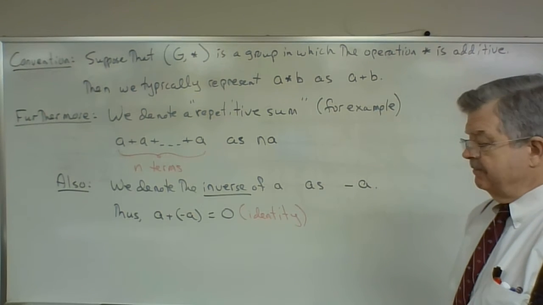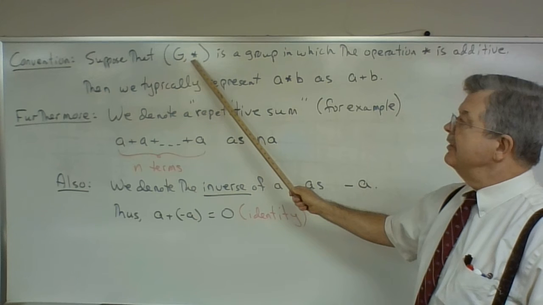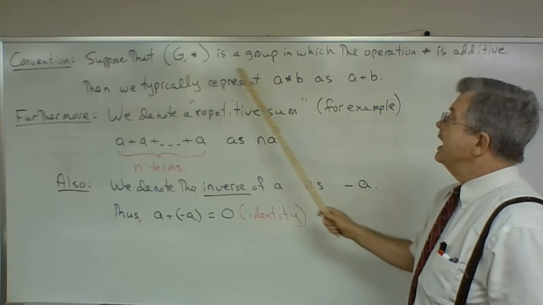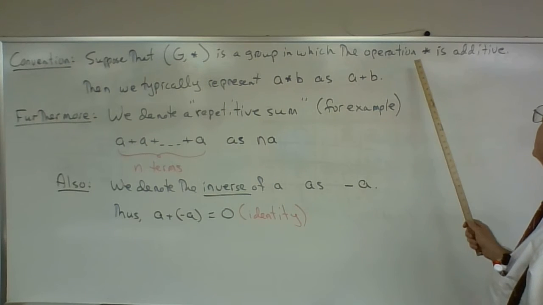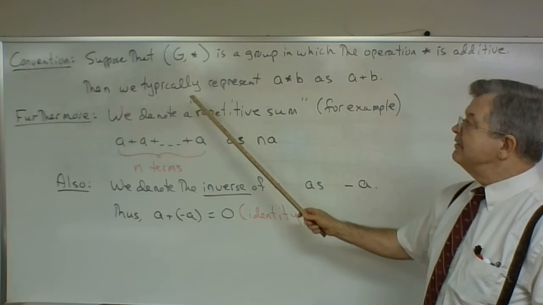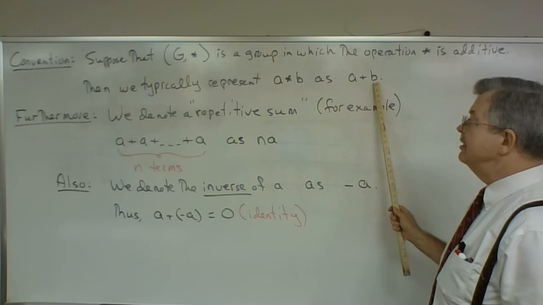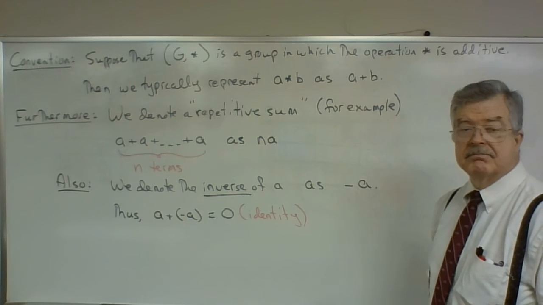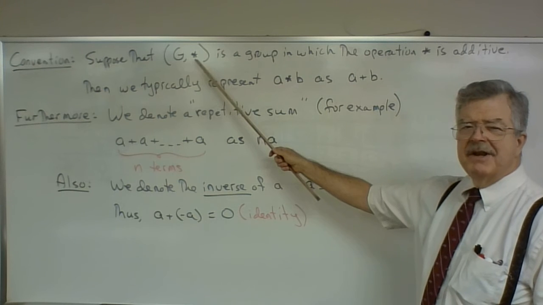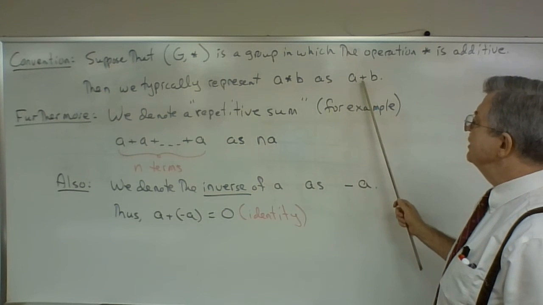Additive notation. Suppose we have a group G and the binary operation star, and the binary operation is additive in nature. Then typically we represent A star B as A plus B. So if this is additive in nature, typically we'll represent the operation as a plus sign.